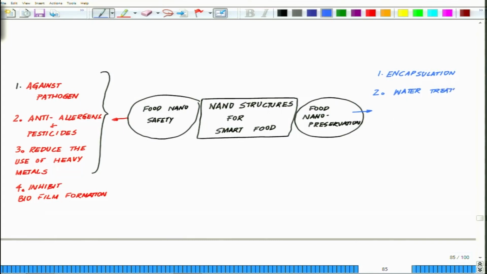Water treatment will be the next topic that we will soon be dealing with. Water treatment, humidity treatment.